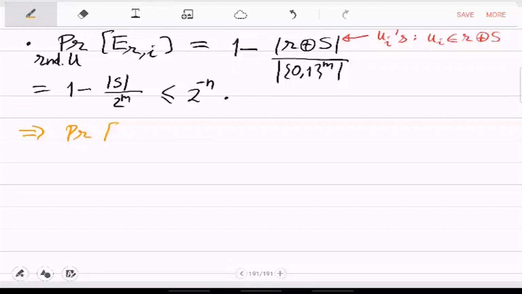if you now look at the probability of the event ER, so ER is the event that R is not a neighbor of S by any of these UIs, right? So you have to go over U1, U2, UK. So that's a product of probabilities.